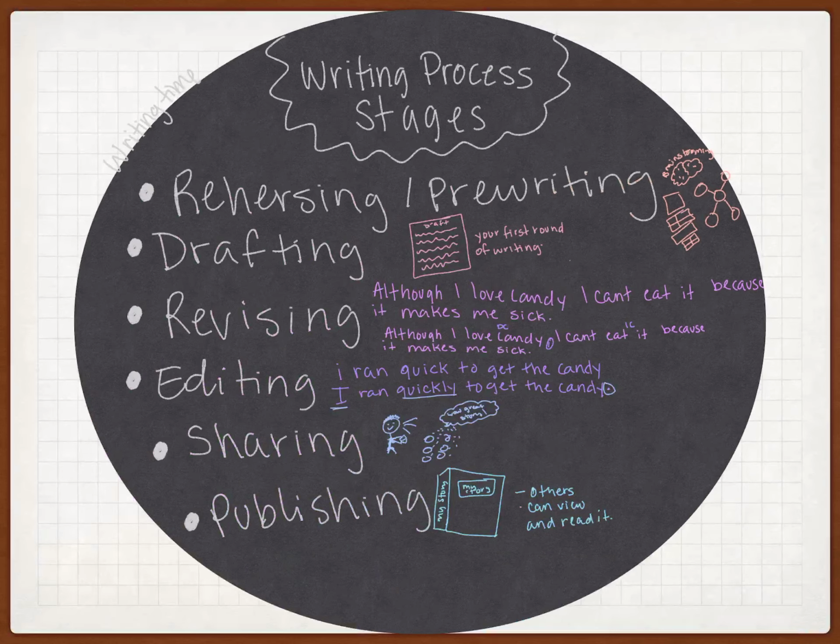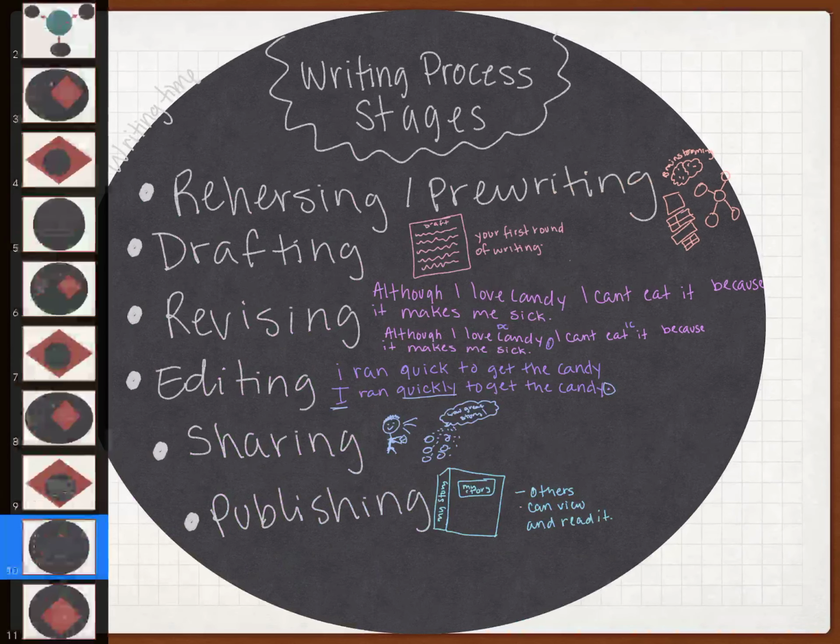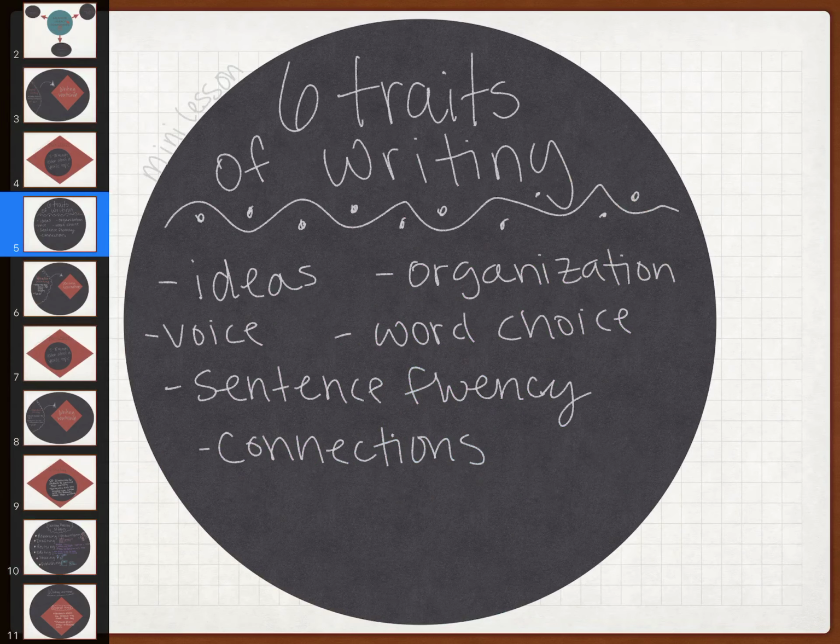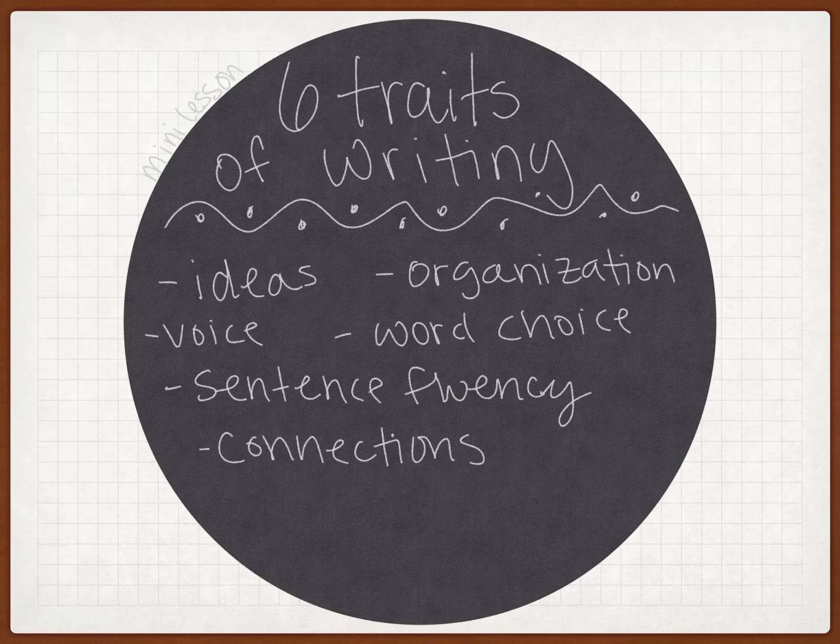Next, we have revising, and in revising, this is where the aspects of writing come in. And so in their revising again, they will look, is my idea making sense? They will look through their organization in their writing. They're going to look through the voice, the type of voice that they have, their word choice, their sentence fluency, all of these connections.